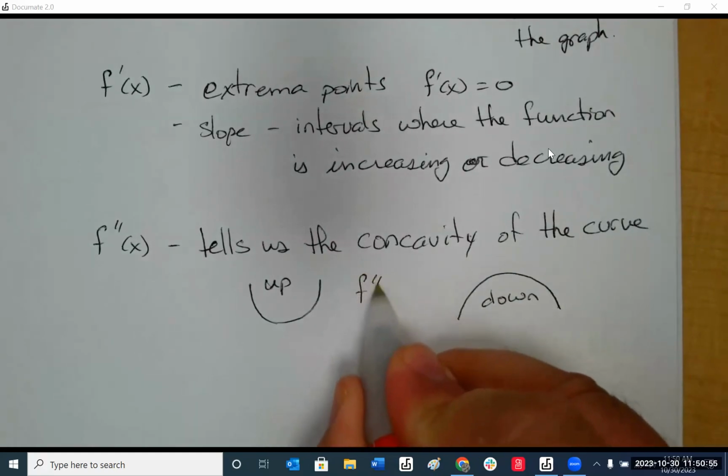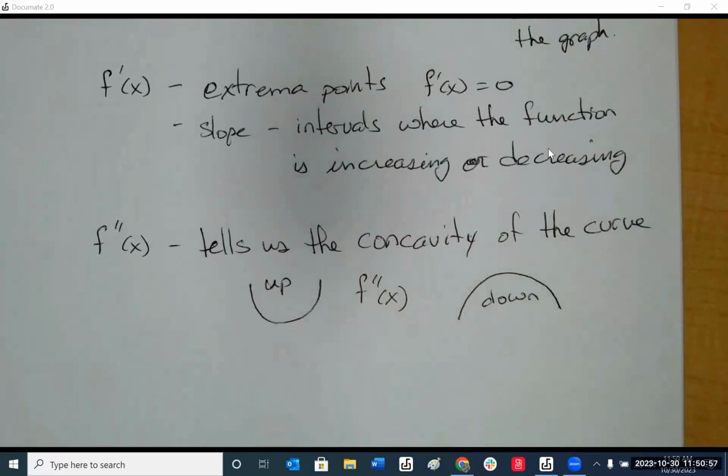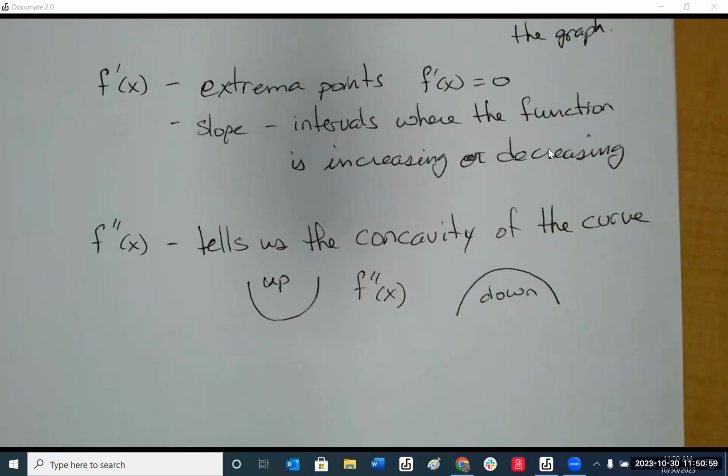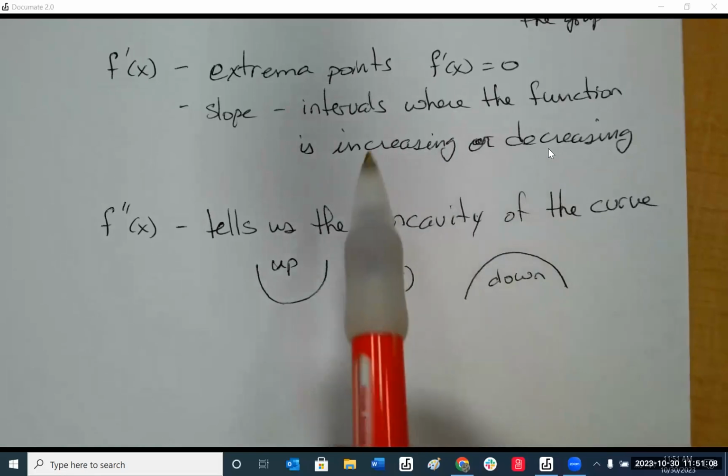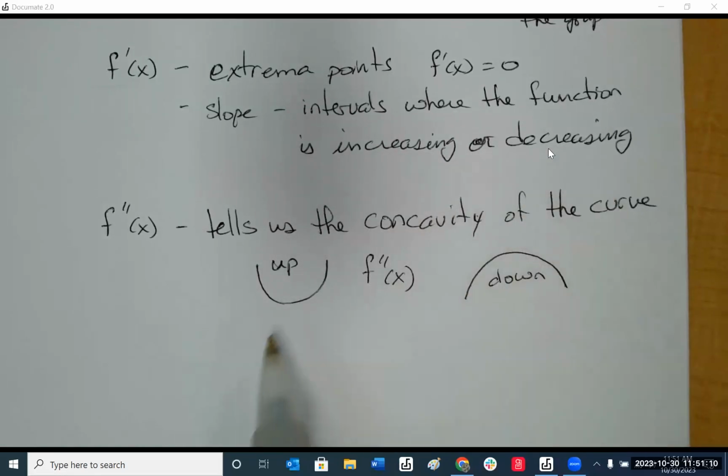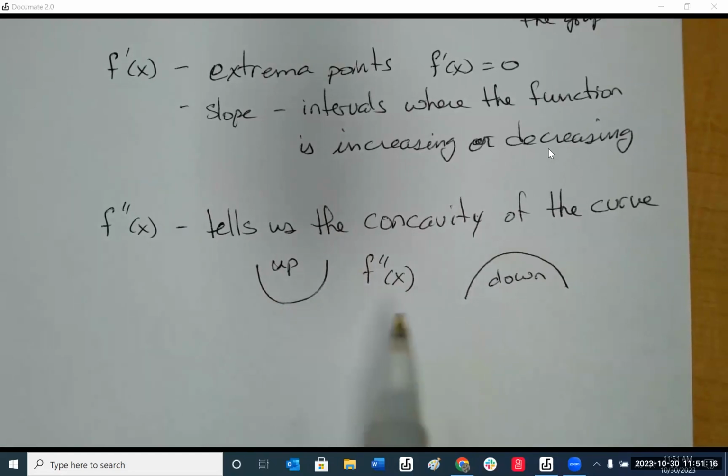So these are what you find from the second derivative of the function. Same as the first derivative, where we found where it's increasing or decreasing. Well, this gives us whether it's concave up or concave down, the shape of the bowl.